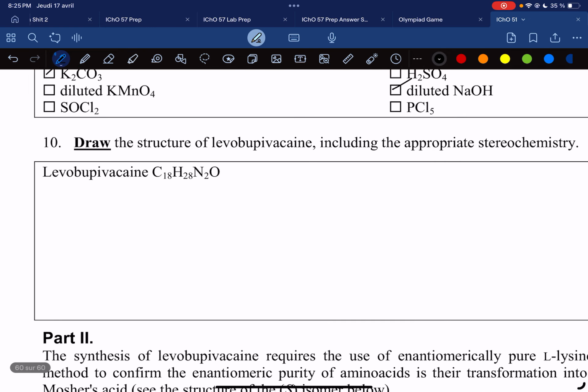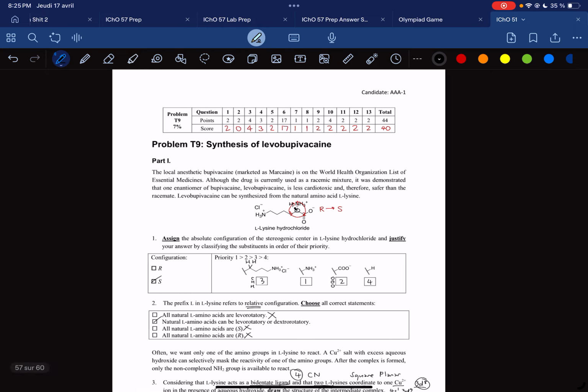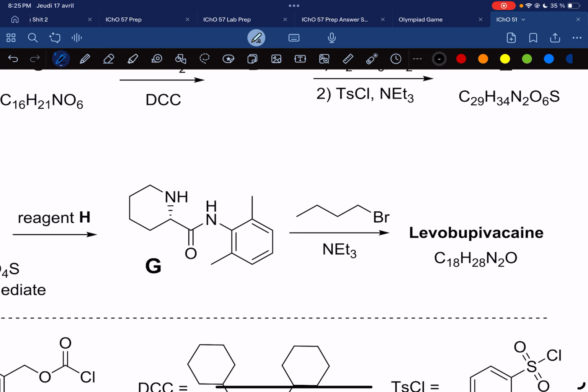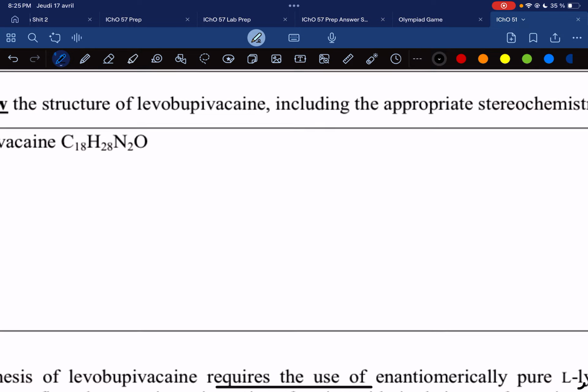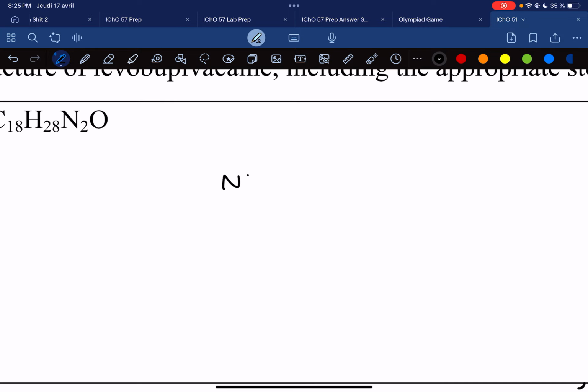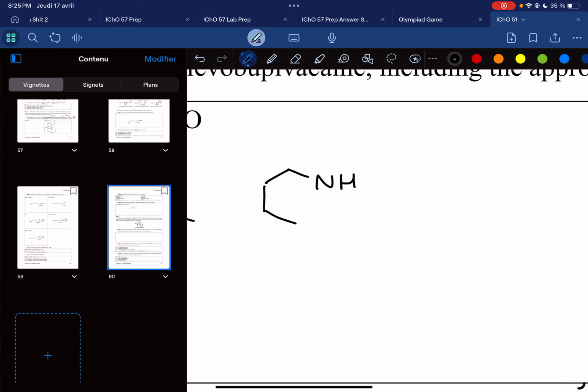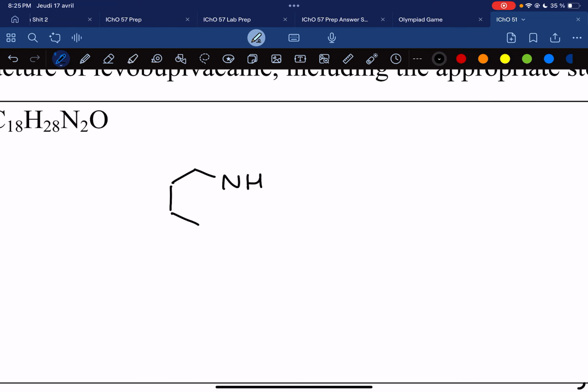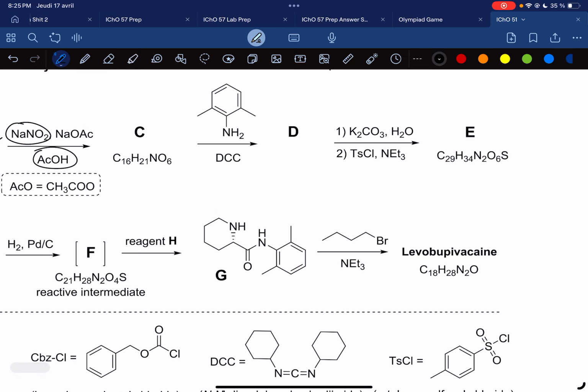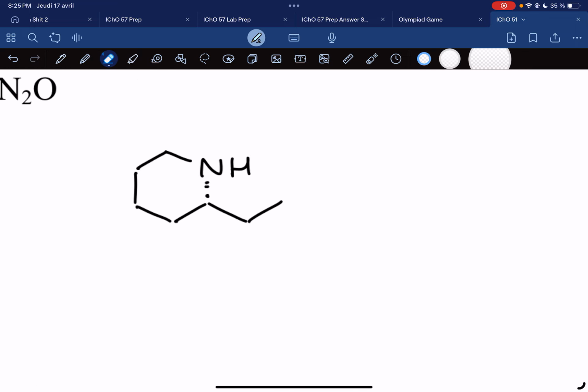Draw the structure of Levobupivacaine, including the appropriate stereochemistry, and G treated with butyl bromide with a weak base will give you Levobupivacaine. Okay. So that's just going to alkylate our amine. That's a six-membered ring, right? Oh, that should be a nitrogen.